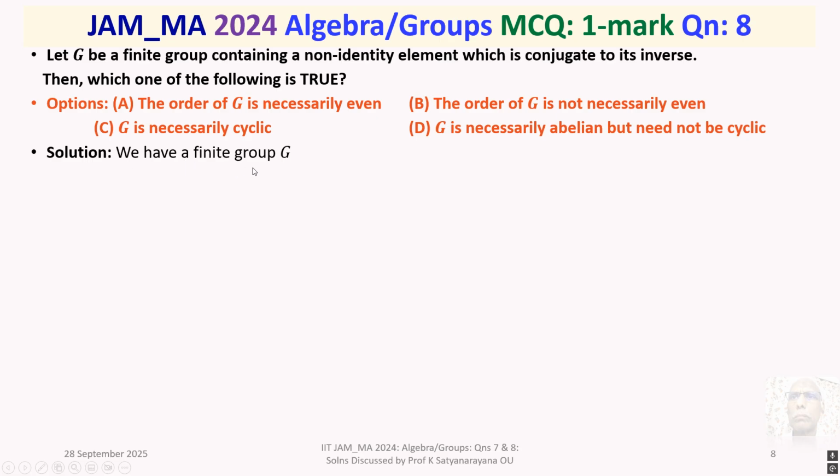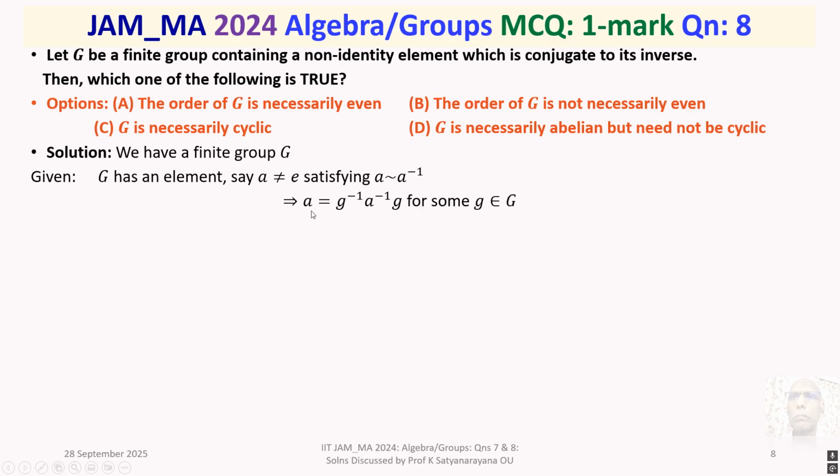We have a finite group G. Given G has an element, say A, which is non-identity, means not equal to E, satisfying A is conjugate to its inverse, A inverse. Now, what do you mean by A is conjugate to A inverse?